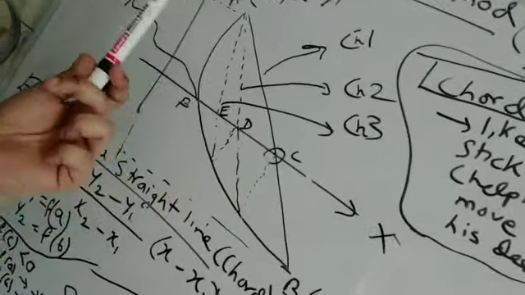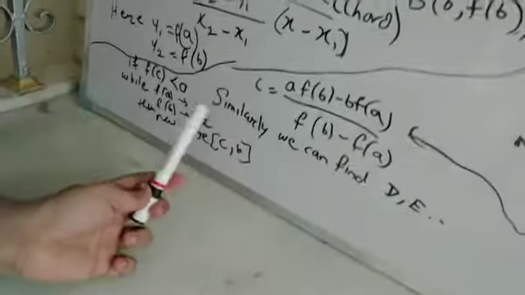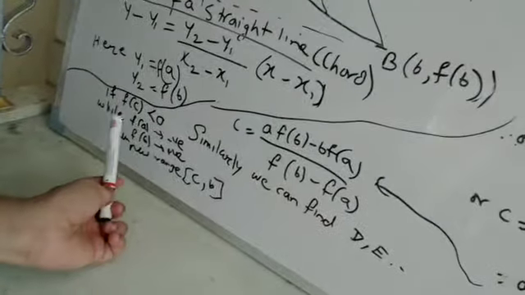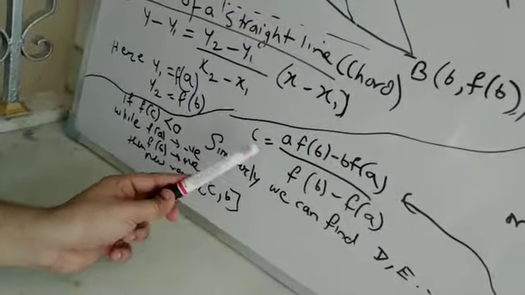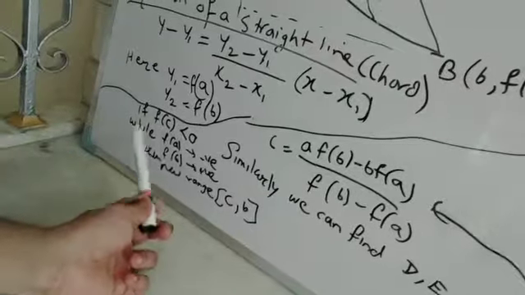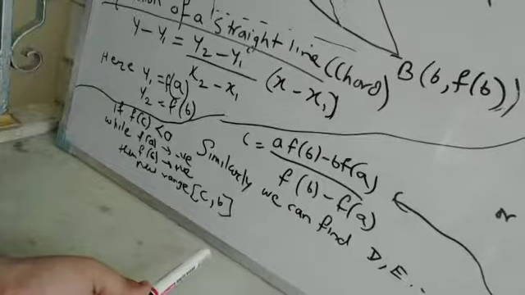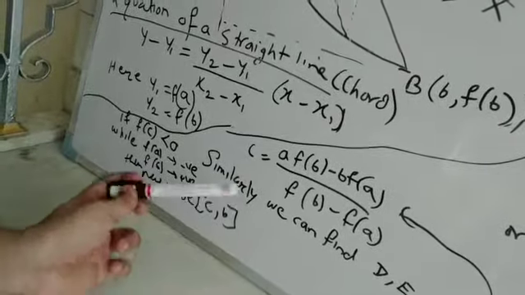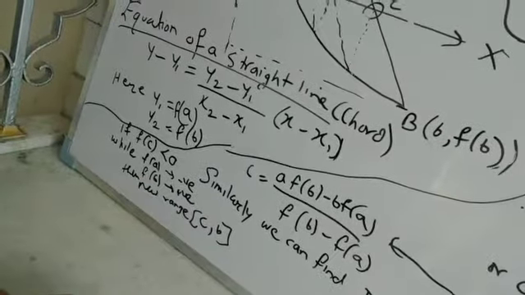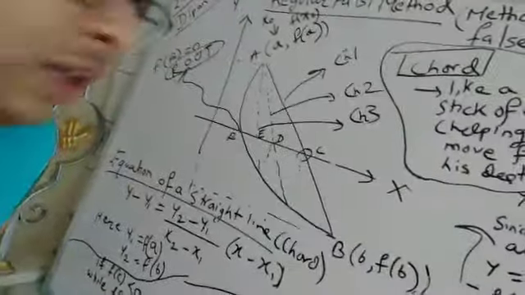So my new range is A to this point. I will discuss in the next video how, depending on the function value at C, the range is getting changed. I will show you how to solve it in the next video.